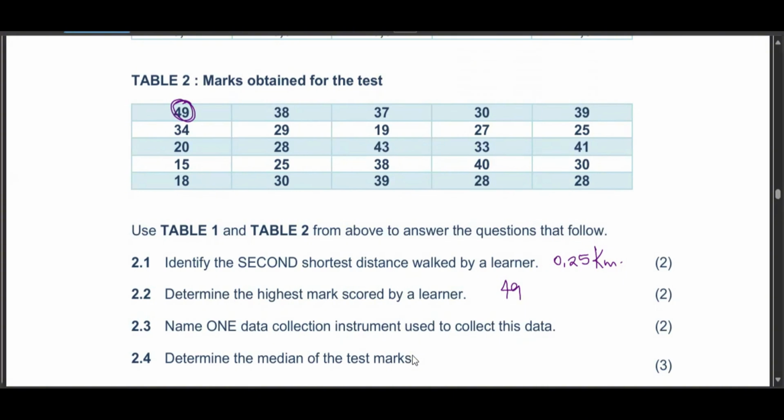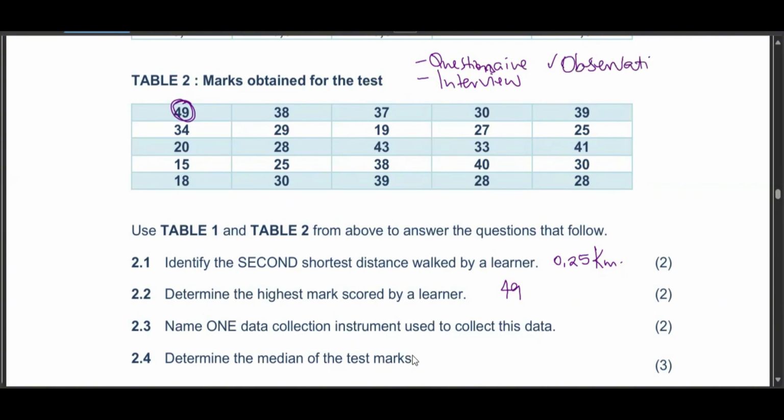Okay, name one data collection instrument used to collect data. By the way, how do we collect data? We can use a questionnaire. These are methods. We can have an interview. We can do what?